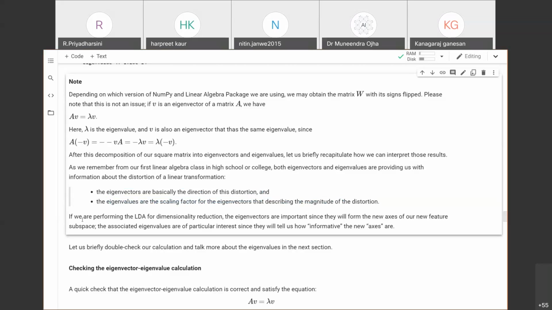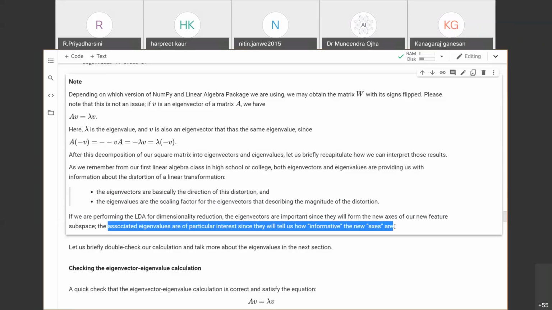And we are performing LDA for dimensionality reduction. So in this case, eigenvectors are important since they will form the new axes of our feature subspace. The associated eigenvalues are of particular interest since they will tell us how informative the new axis is.